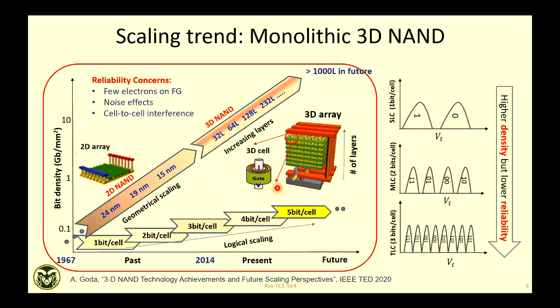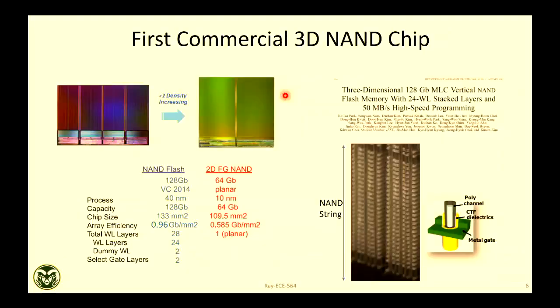You can afford to have a bigger cell because you are now increasing bit density by making things tall. Right? So your area, the XY plane, can be a little bit bigger. So that's why reliability was actually better in 3D. Of course, as you go from one generation to another in 3D, your reliability is getting hit. And that's why industry is looking for newer innovations, and that's what I'll touch upon in today's class.